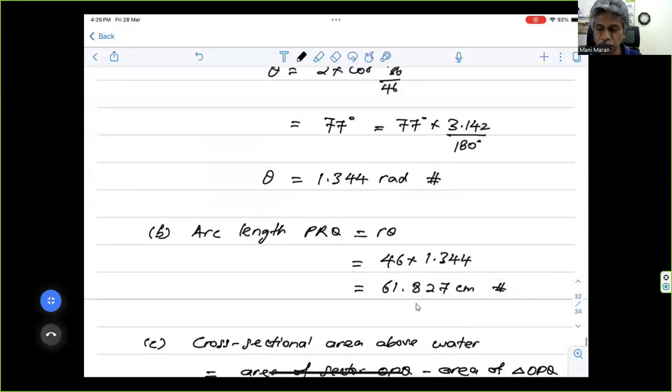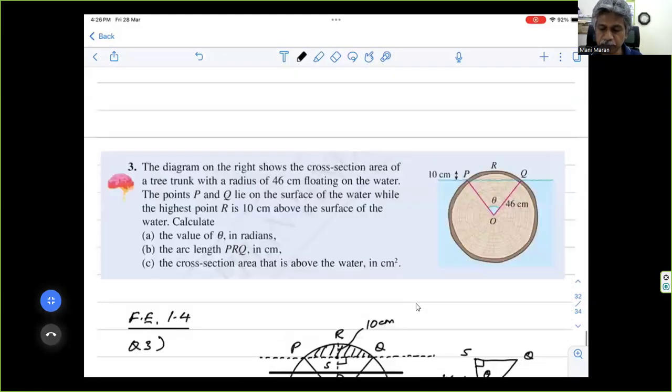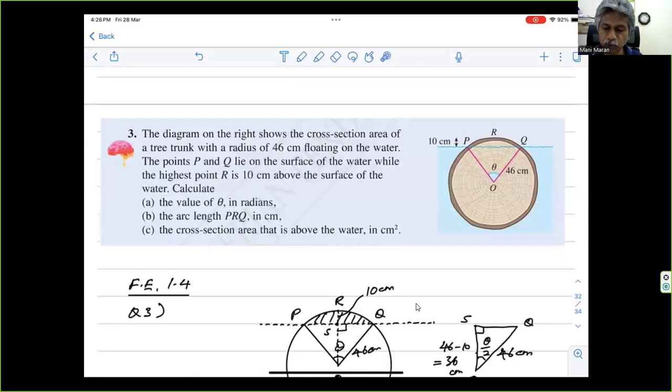Okay, let's go through very quickly one more time. So you are shown a part of a tree trunk, submerged below water, partly visible. We know what is the radius, and then you are told the visible portion above the water is also given.